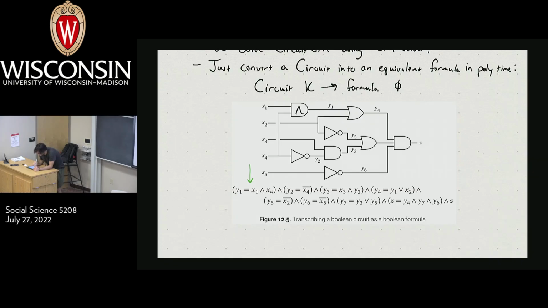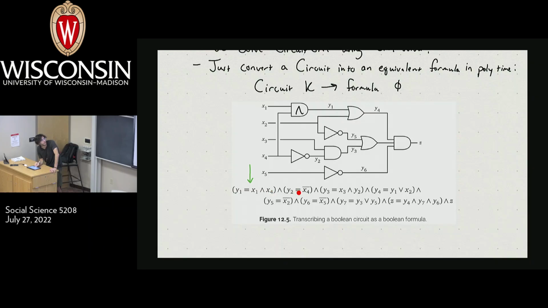So for example, this is an AND gate, so the value of Y1, the thing that exits that gate, is just X1 and X4. That's just the definition of what an AND gate does. So because that's an AND gate, the output of that wire will be Y1 equals X1 and X4.